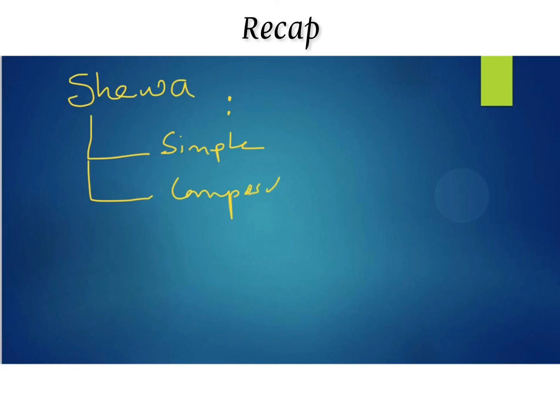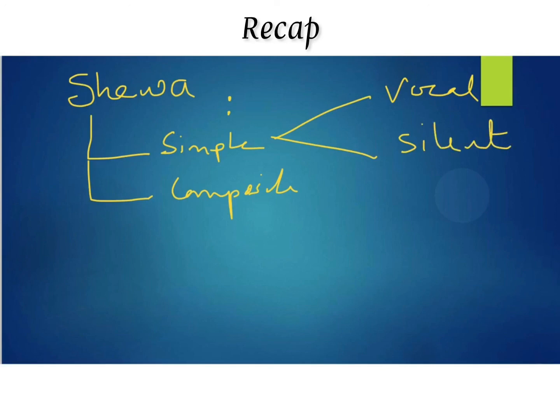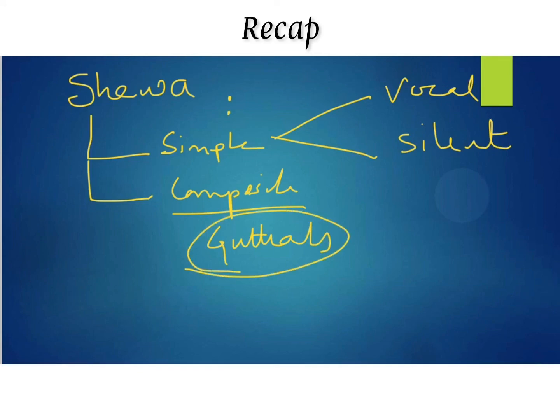And what did we say about simple Shewa? Simple Shewa comes in all the letters except gutturals, and they can be divided into vocal Shewa and silent Shewa. We learned the rules about when to identify it as silent, when as vocal. Composite Shewa comes only in the gutturals. So gutturals take composite Shewa and they are written as Hatuf Pata, Hatuf Segol and Hatuf Gamets.